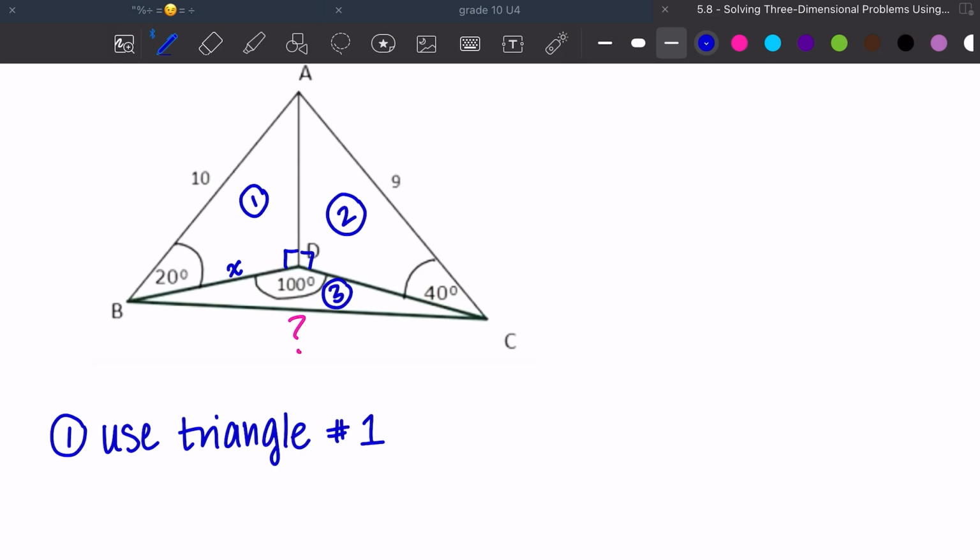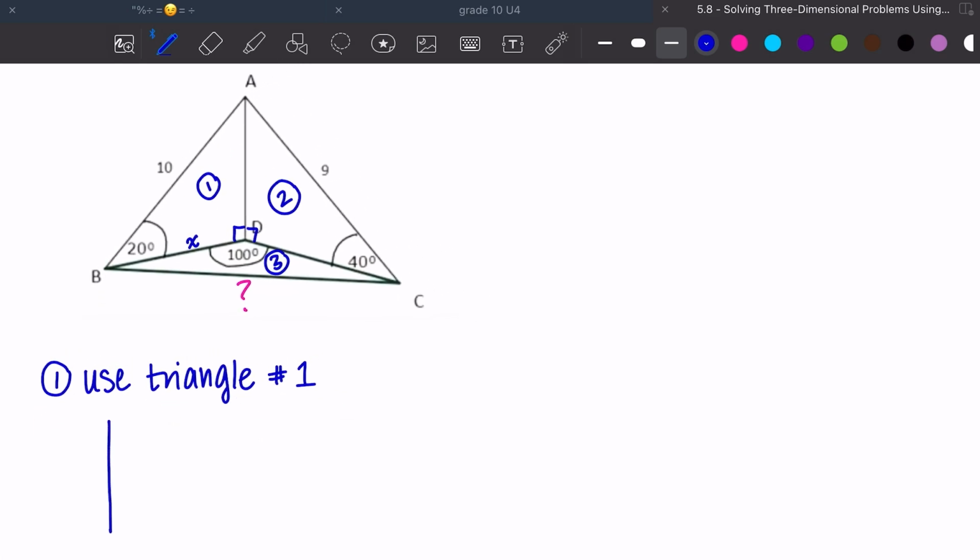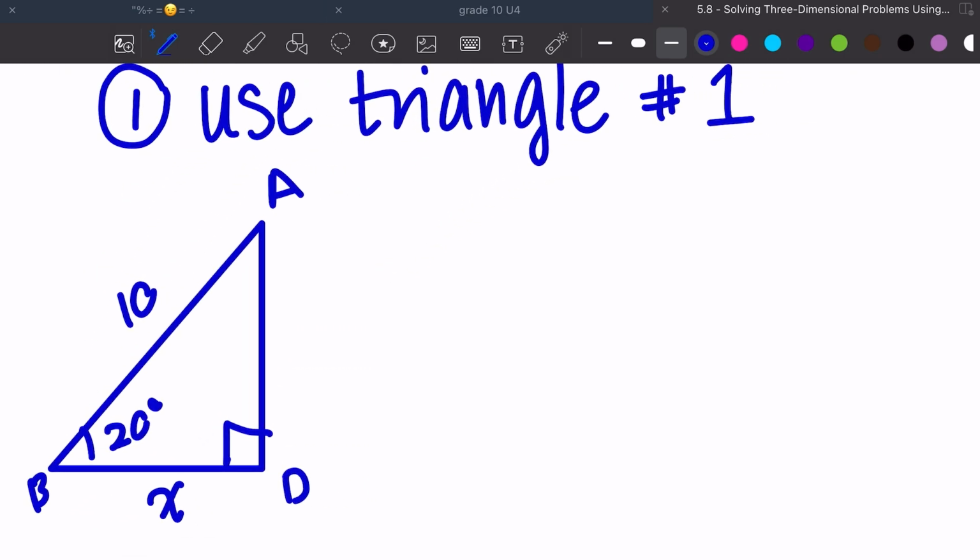Because it's a right angle, it's SOHCAHTOA, so I can even draw a little sketch of it. I'll say, okay, if this is 20 degrees, this is my X, this is B, A, and D, and I know this is 10. To find X, I've got its adjacent side length, and I have the hypotenuse. So am I going to use sine, cosine, tan? I'm going to use cosine.